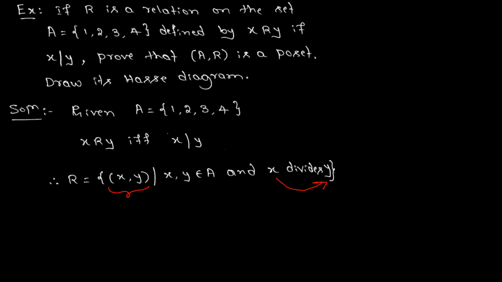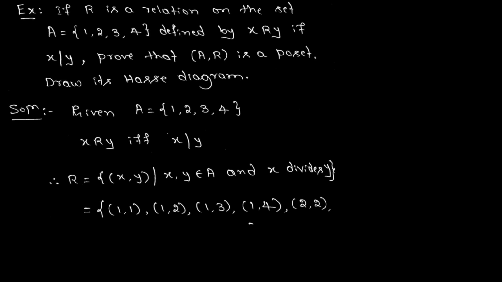Whenever x divides y, we have to take such a pair inside our relation. We know 1 divides 1, therefore we have taken 1 comma 1. Also we know 1 divides 2, 1 divides 3, 1 divides 4. That's why we have taken all such pairs.